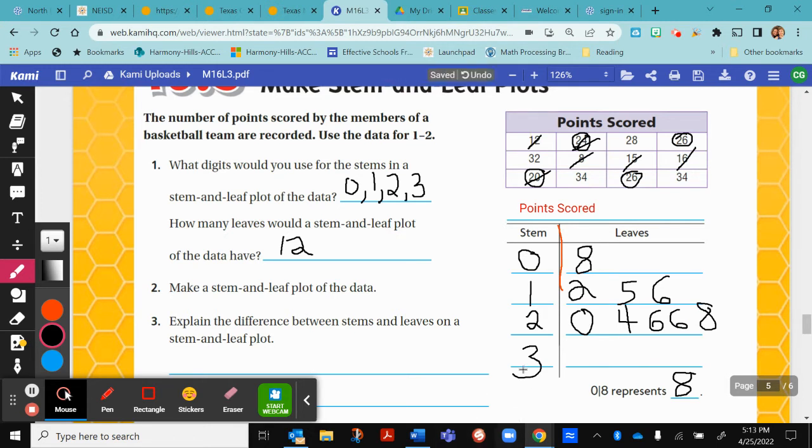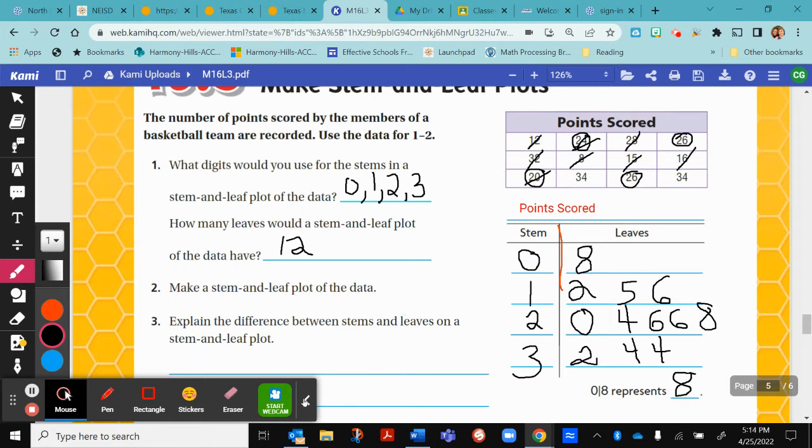I am now moving to stem 3, and in stem 3, I have 2. And there's 2 4s. I'm going to verify I'm supposed to have 12. So this is 1, 2, 3, 4, 5, 6, 7, 8, 9, 10, 11, 12. So that's right. I will have 12 leaves.